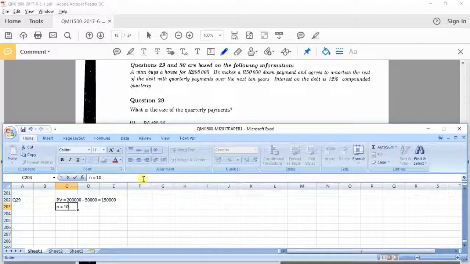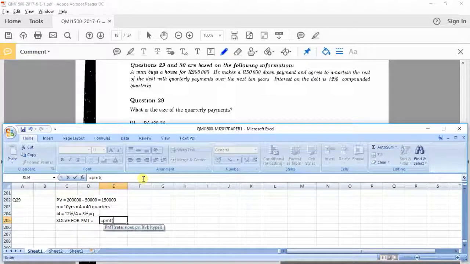And agrees to amortize the rest with quarterly payments over the next 10 years. 10 years times 4 is 40 quarters. Interest is 12% compounded quarterly. I4 equals 12% divided by 4, which is 3% per quarter.